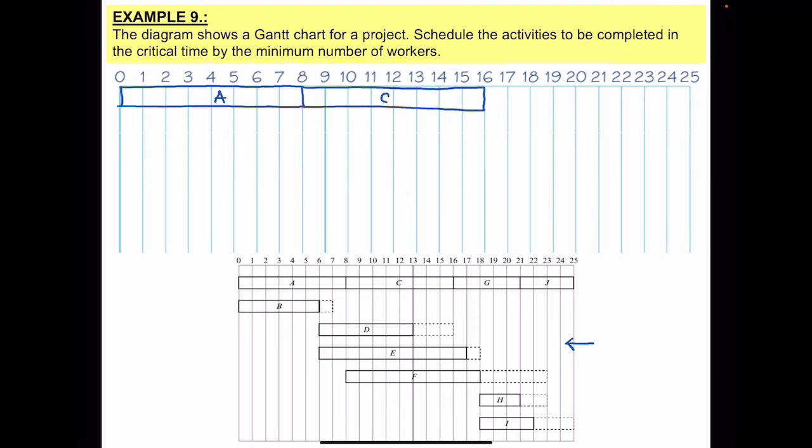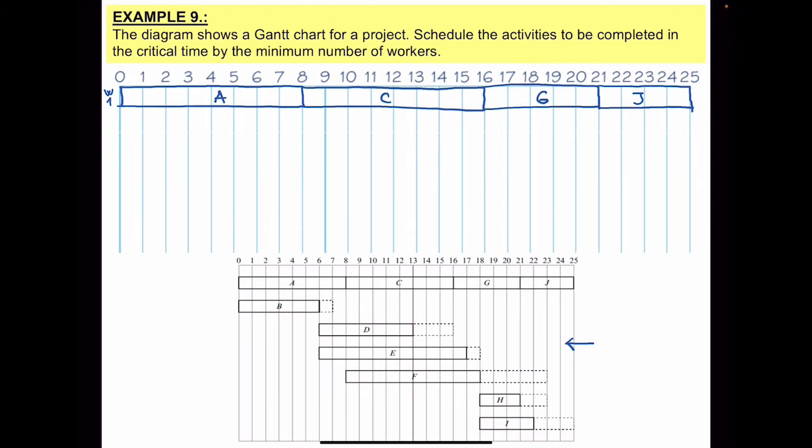This is C. Then I have G activity 16 to 21. And then 21 to 25 is J. So this would be my worker number 1.